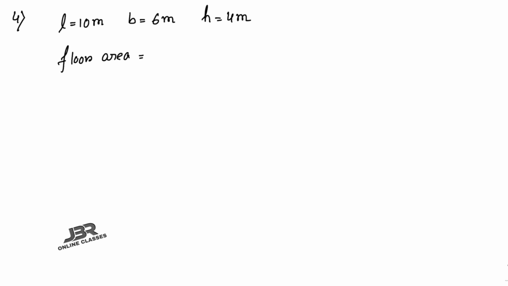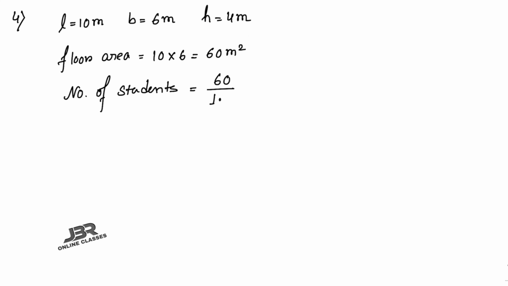Floor means a rectangle, and the area is length into breadth, so 10 into 6, which is 60 meter square. As one student needs 1.5 meter square, the number of students equals total area divided by 1.5, and that is 40. Number of students is 40.